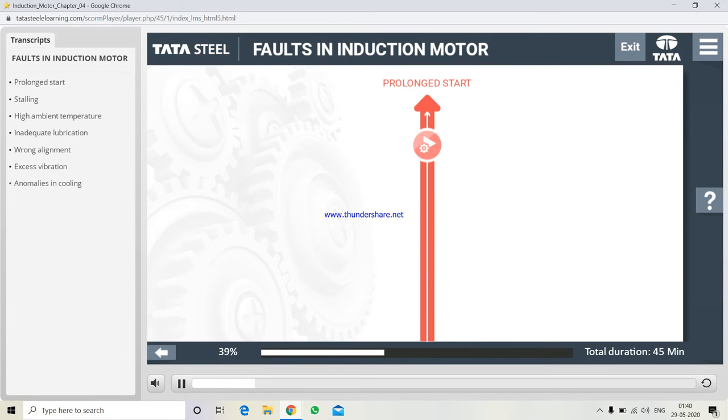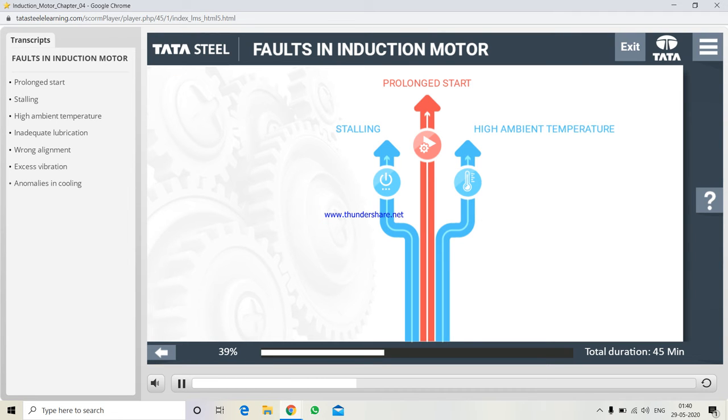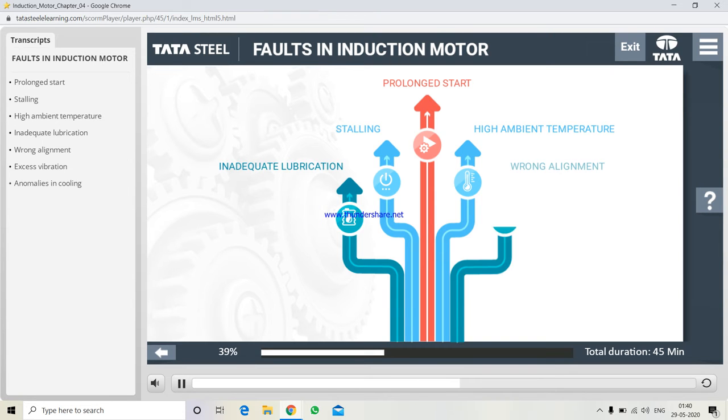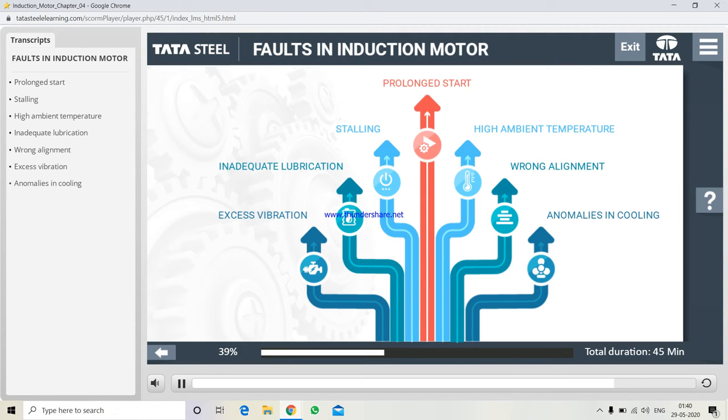Prolonged start. 9. Stalling. 10. High ambient temperature. 11. Inadequate lubrication. 12. Wrong alignment. 13. Excess vibration. 14. Anomalies in cooling. Click Next to continue.